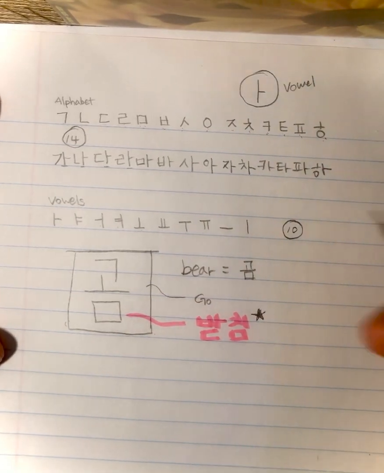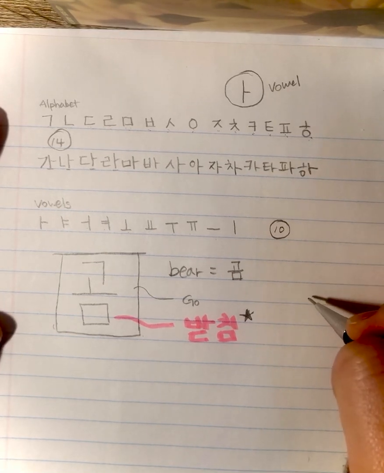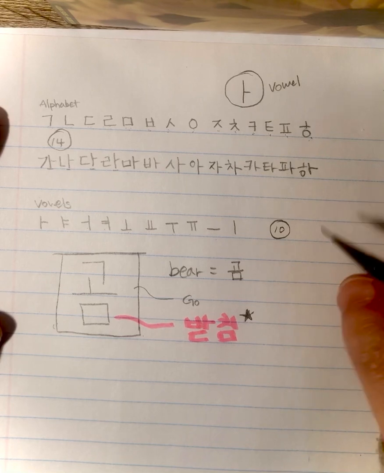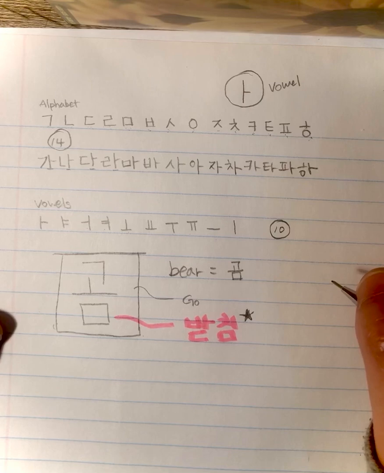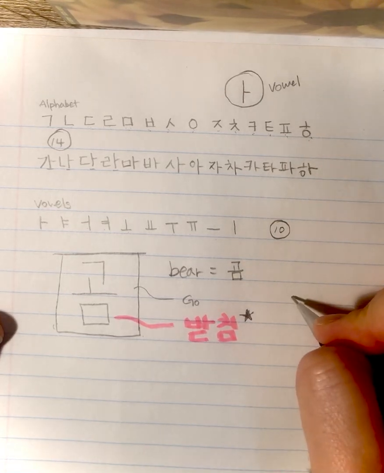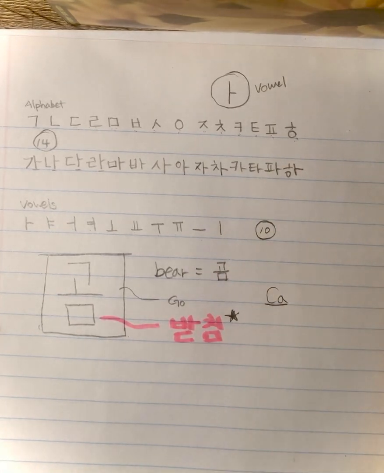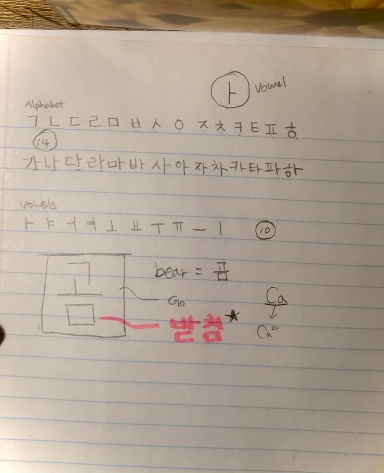So kind of, it's not related to plural, it's a different meaning. Okay, Ca. What is Ca? In chemistry you can say, oh, there is calcium.